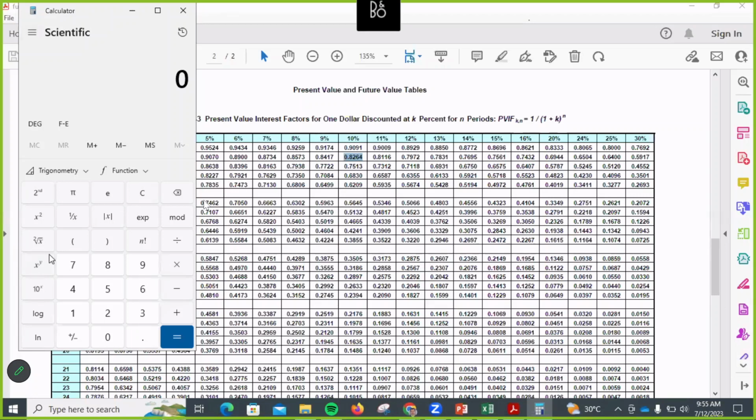So you take that 1.1, x to the power 5, then you can get this 1 over x.